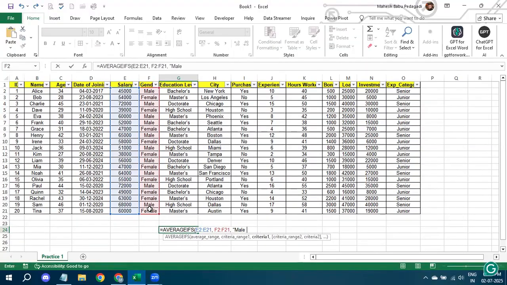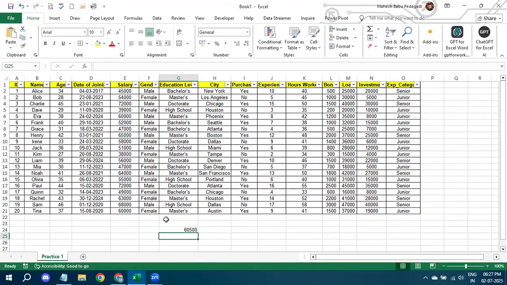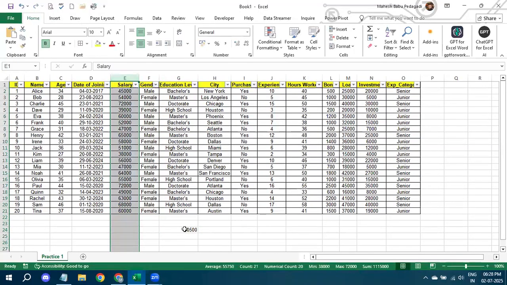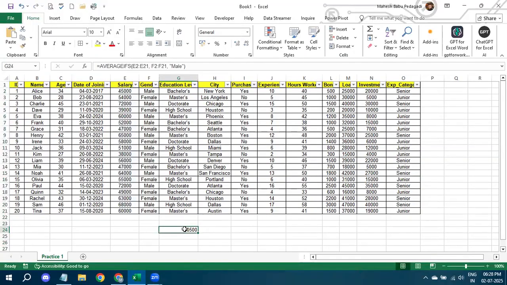Yes, now I got the value. Average ifs is taking multiple conditions. Were you able to see, guys? Since you are applying on two columns, we need to use average ifs. Clear? Yes, sir, it's clear.